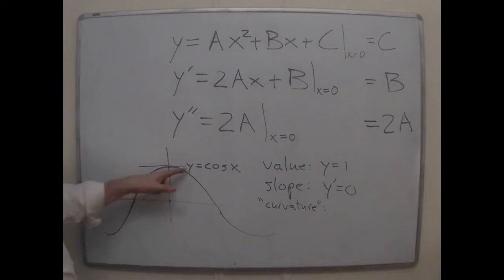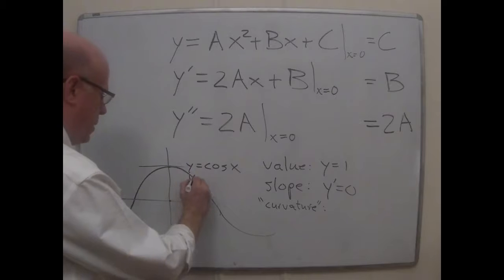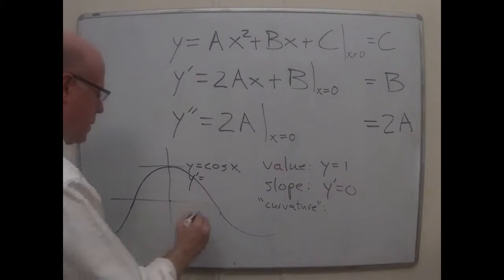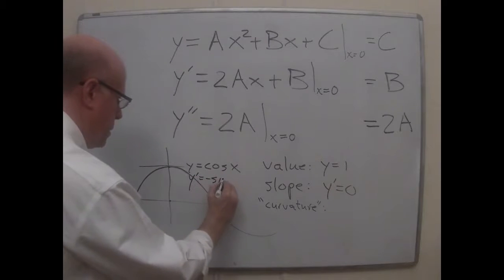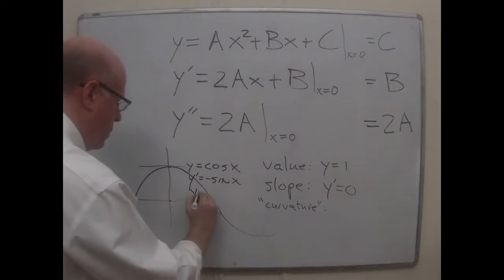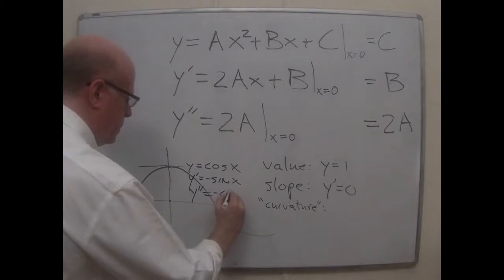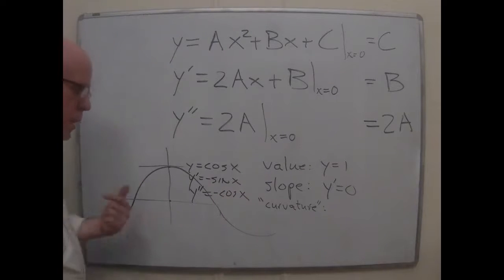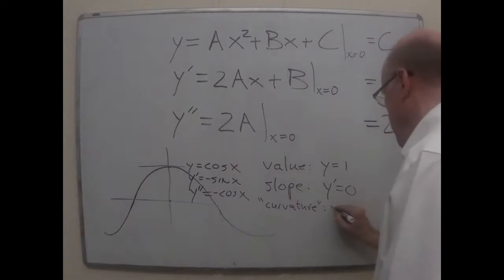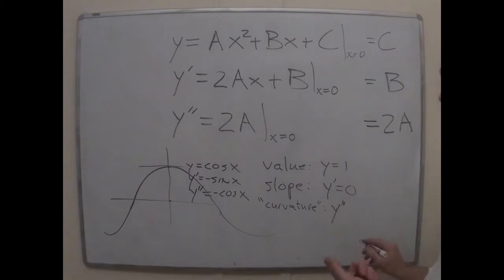But I actually have to do a calculation to figure out the curvature part, the second derivative. y is cos x, so y prime would be negative sine x. So y double prime would be negative cosine x. Okay, so its curvature is y double prime evaluated at 0, which is negative 1.